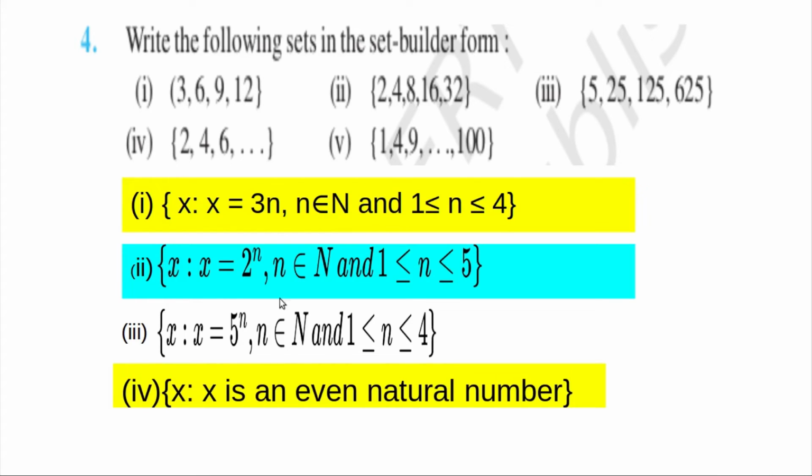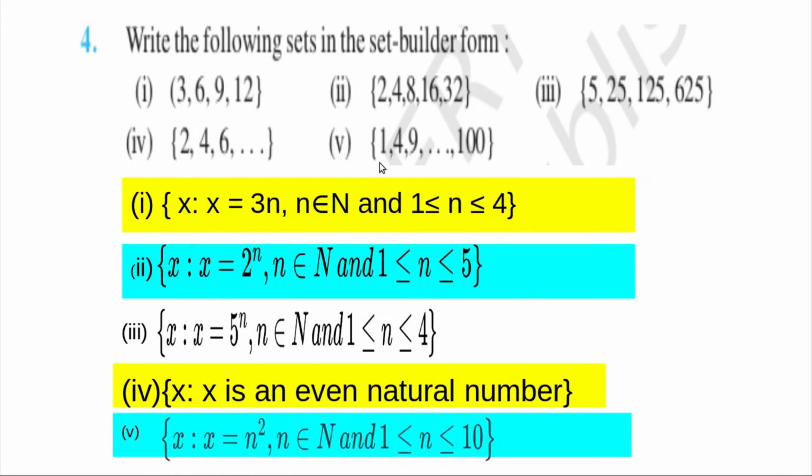Therefore we can write it like this: set of all x such that x equals n square. What is n? N is a natural number, and 1 less than or equal to n less than or equal to 10, because the last number is 100, that is 10 square. Therefore we have to write this condition.